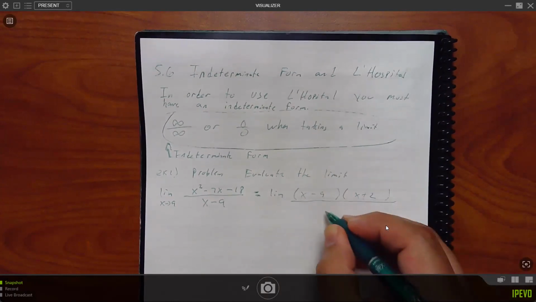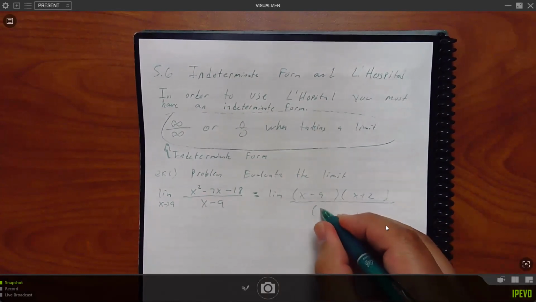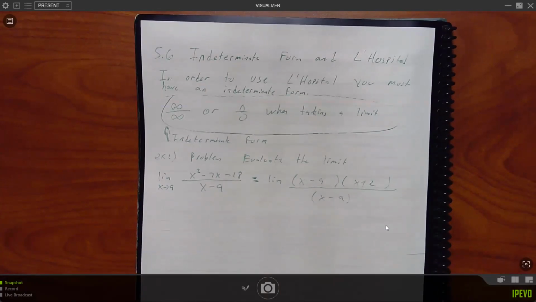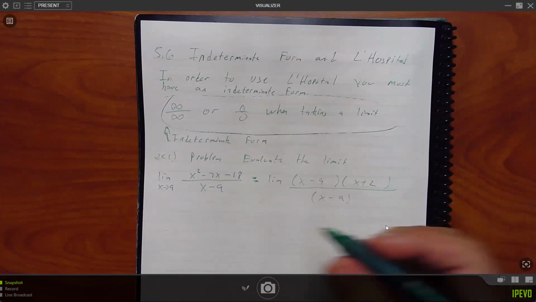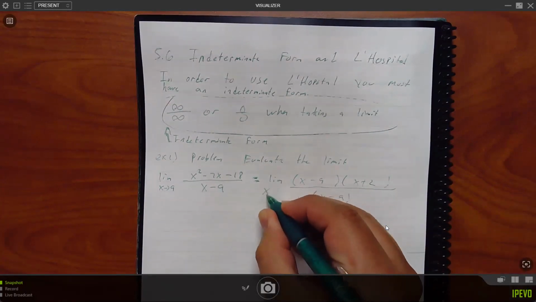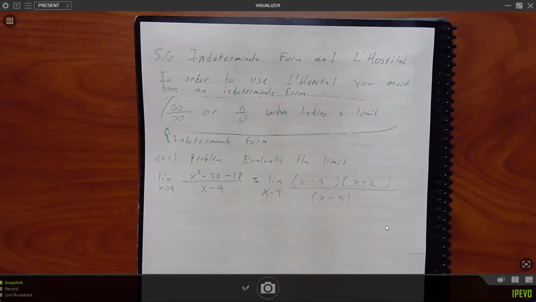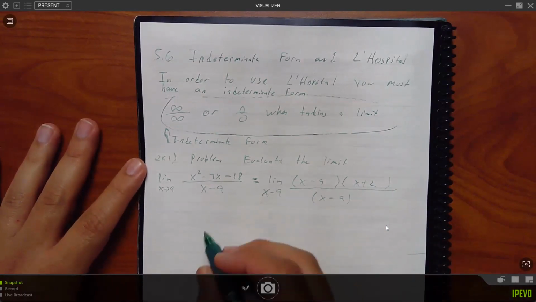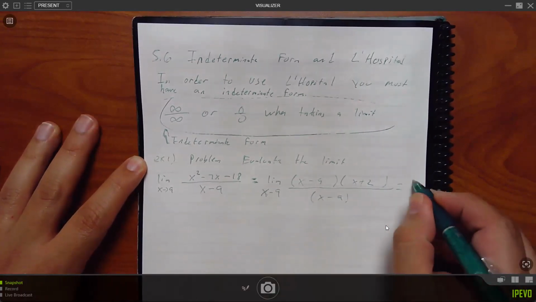So in this guy, it appears that I could use algebra to take the limit. Right? You see how I could technically cancel this? Technically. But we're not going to do that because this is a new technique. But the idea is if I try to take the limit, I get 0 over 0.